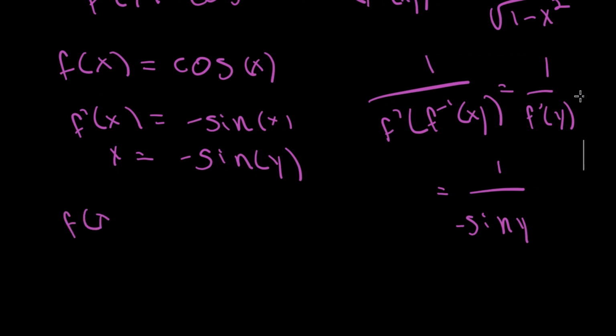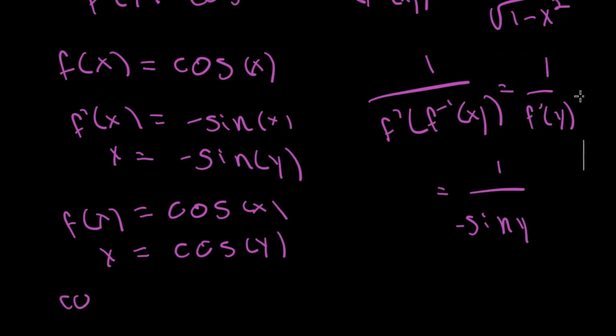So this is simply going to be f of x is equal to cosine of x. Switch the variables, so it's going to be x is equal to cosine of y. Isolate, right? So we're going to do arc cosine. So we're going to have inverse cosine of cosine of y equals inverse cosine of x. And then remember the inverse cosine with this cosine will just cancel, leaving you with y.